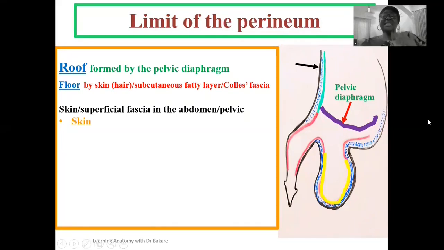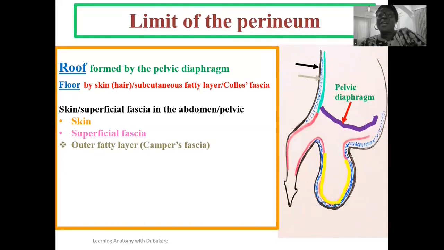After the skin, deep to the skin, we have the superficial fascia. The superficial fascia around the abdominal region is further subdivided into two. We have the outer fatty layer, which is referred to as the Camper's fascia, and this is what is carried here in hash. And we have an inner membranous layer, which is referred to as the Scarpa's fascia.